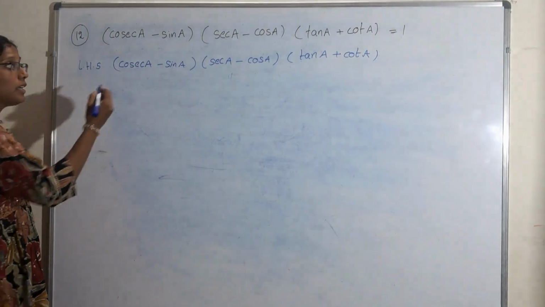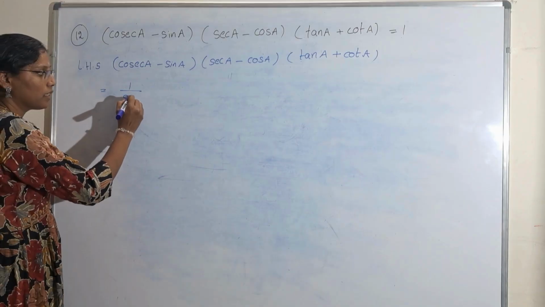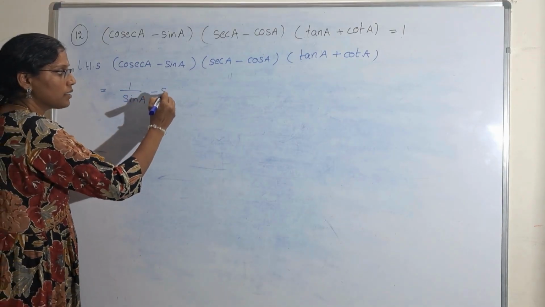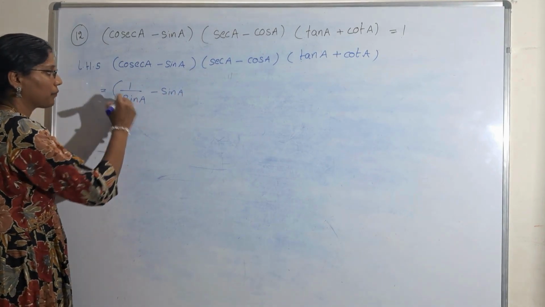Cosec A in terms of sin: 1 by sin A minus sin A we have.